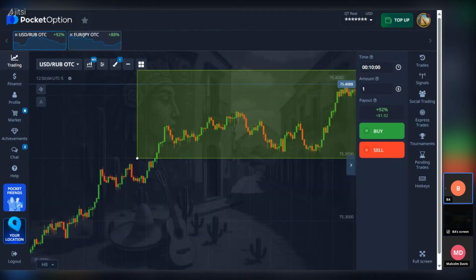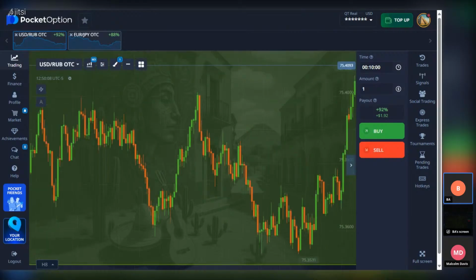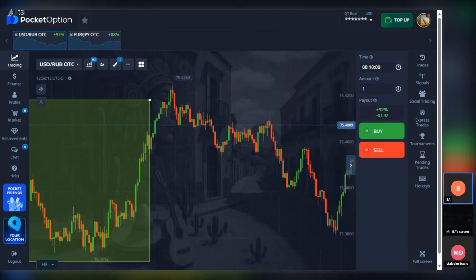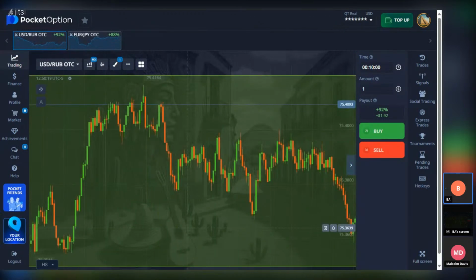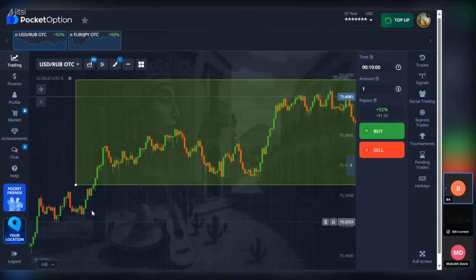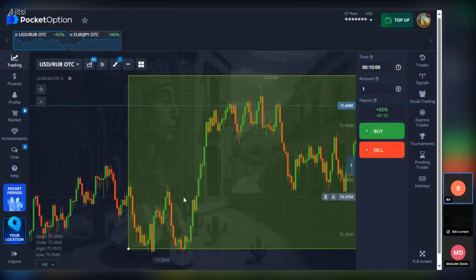All right. So you see this whole yellow box? It gave you a box, but it stretched out in consolidation. I just did that on the hourly so I can show you what area I was looking at.